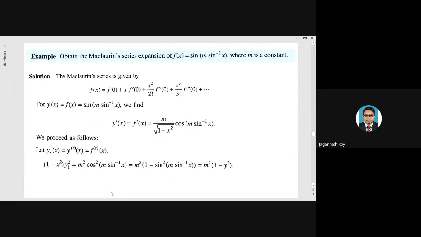And if it is asked to find the Maclaurin series expansion of this function, where m is a constant, then the Maclaurin series by definition will be of this form. Then you define y equals f(x), try to find the value of y'(x) and all other derivatives.